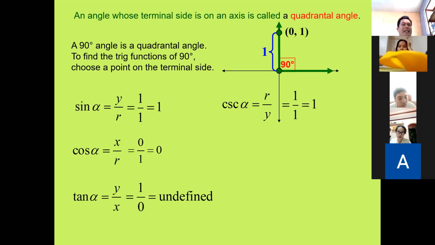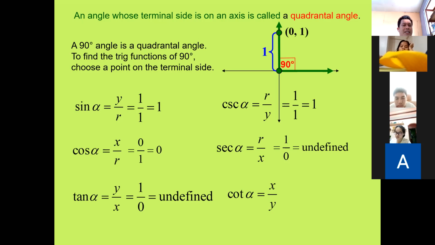But for secant, with the formula r over x, your r is 1 but your x is 0, so secant of 90 degrees is undefined. But for cotangent, this is equal to 0, because your x is 0 and your y is 1. So the value of cotangent of alpha is 0 for 90 degrees.